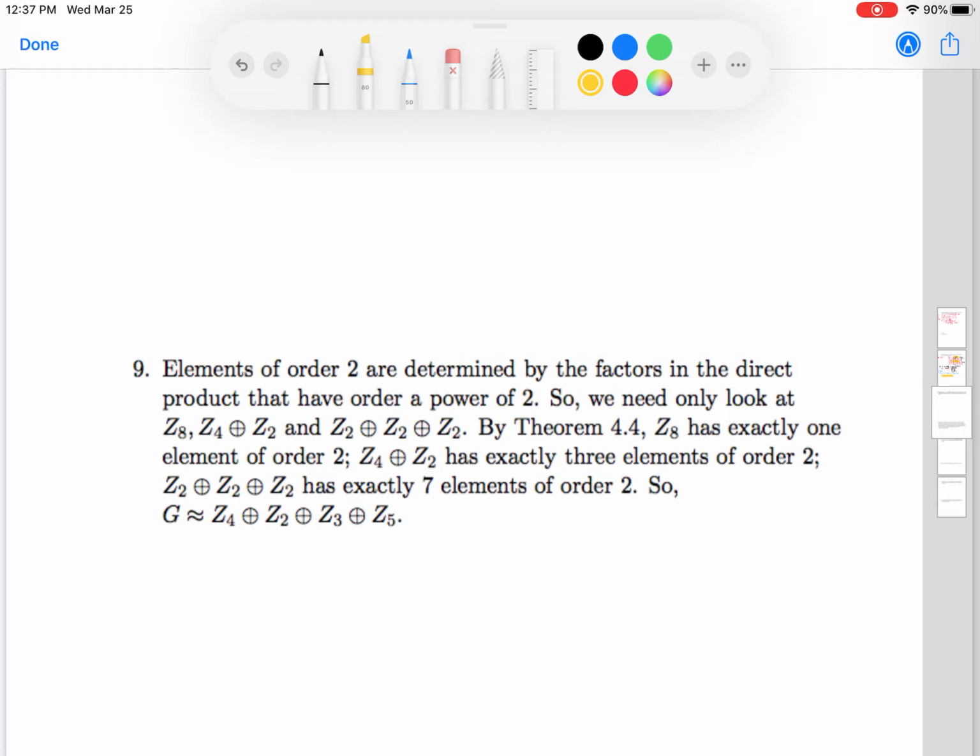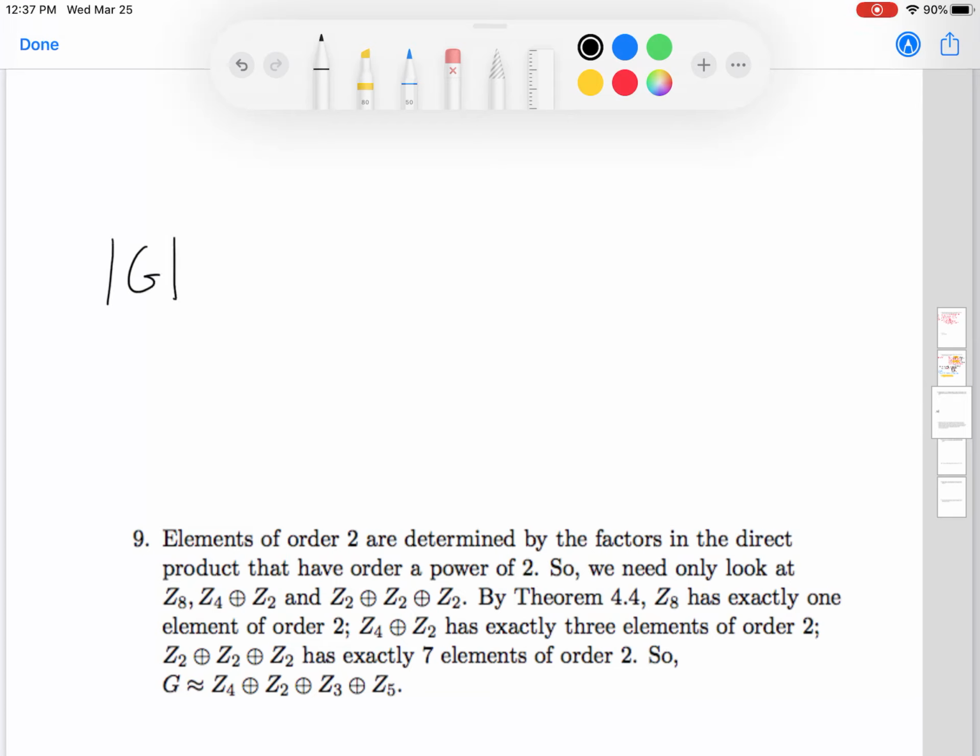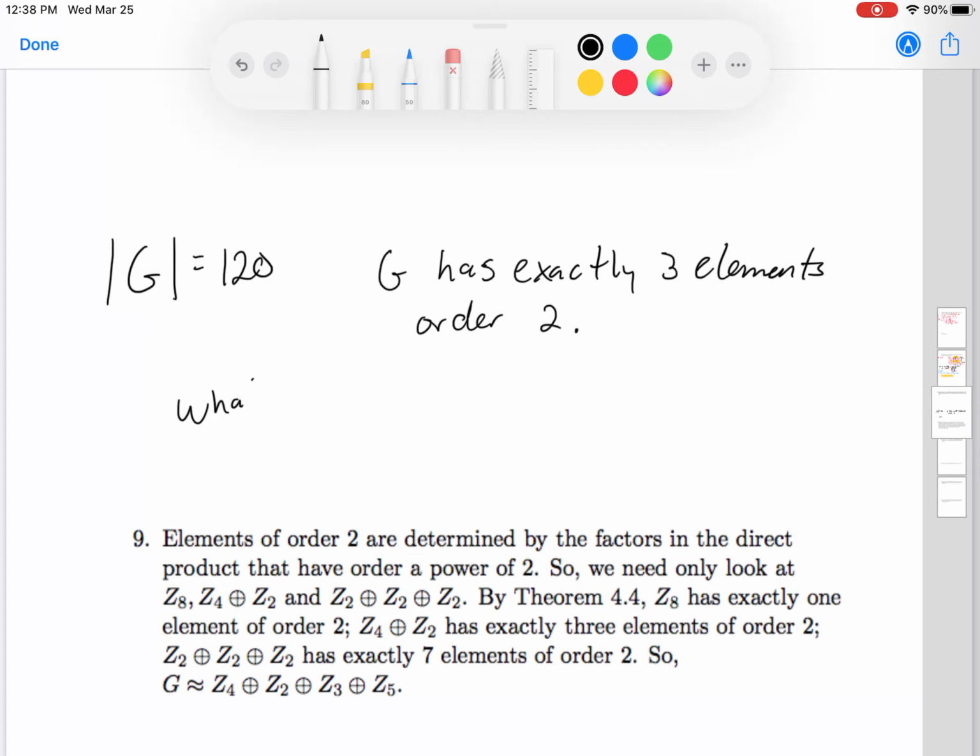So let me pull it up on this other screen so I can write it down for us again. We have G, which is order 120. G has exactly 3 elements of order 2. We want to know the isomorphism class.